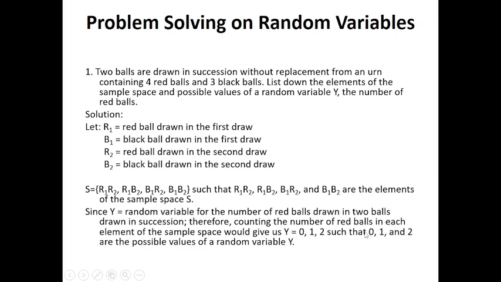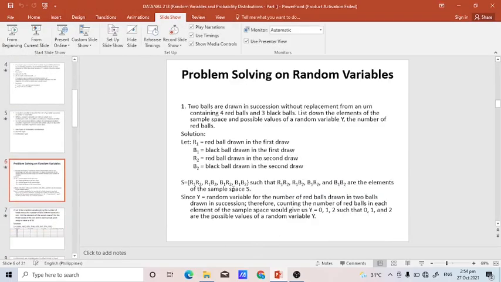Such that 0, 1, and 2 are the possible values of a random variable y. Okay? So that's it. Did you get it? I hope you get it.